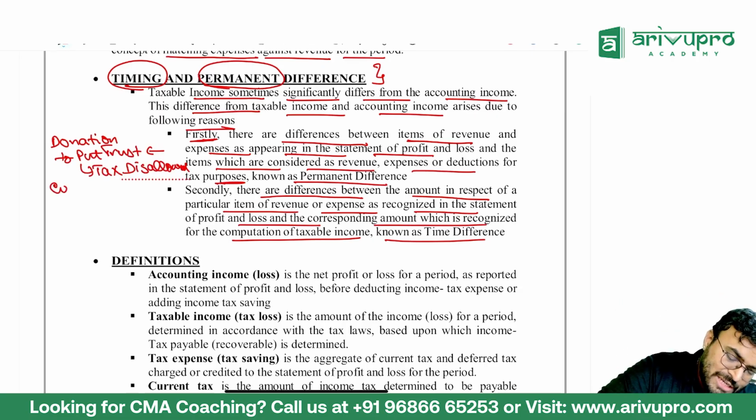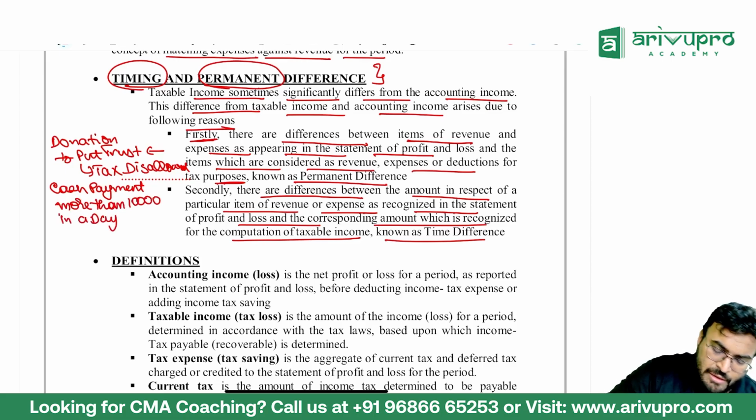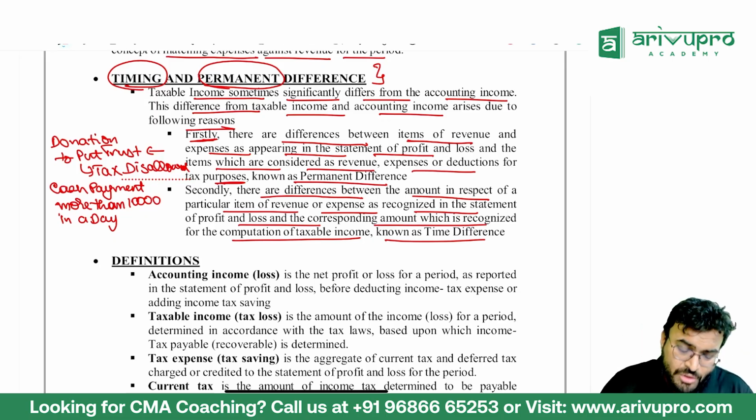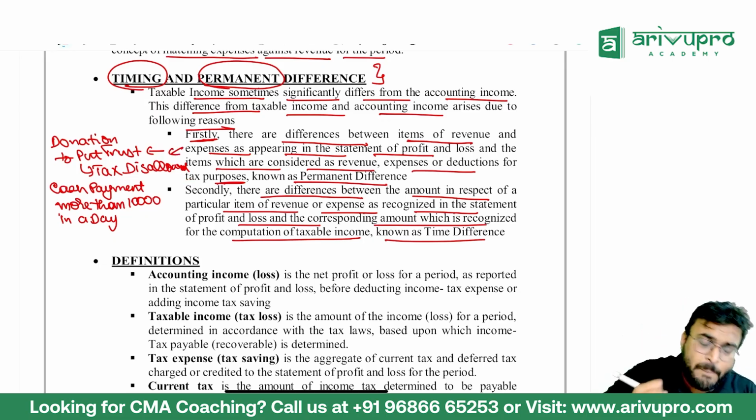Or if you make a cash payment of more than 10,000 in a day, that time it is disallowed. Now, what happens in accounts? You pay a cash payment of 1 lakh also, you will take it as expense in your P&L, but in taxation it is disallowed. So these are the examples for permanent difference.